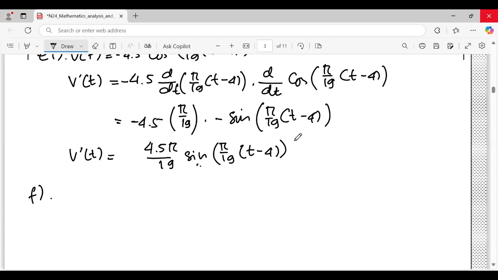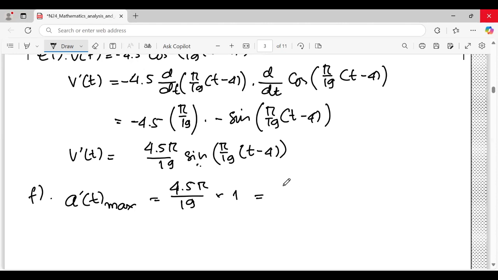To find the maximum acceleration, we can determine it through 4.5 pi over 19 times 1, because sine of pi/19 (t - 4) equals 1.